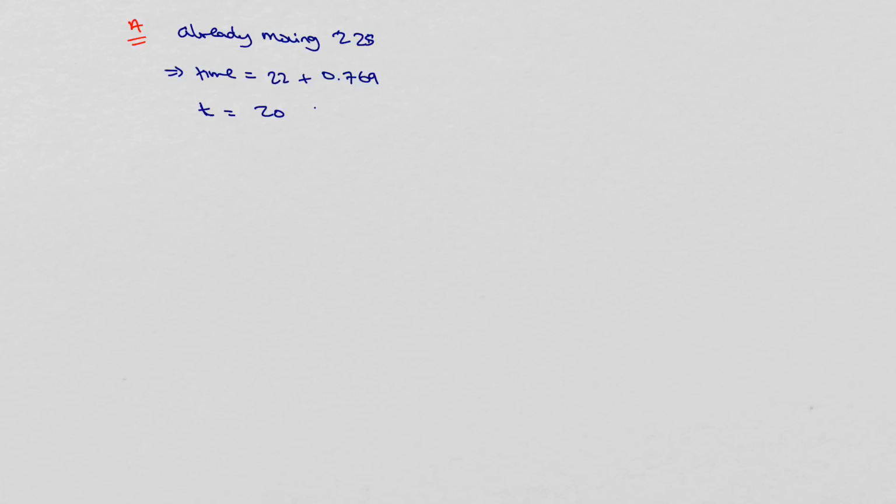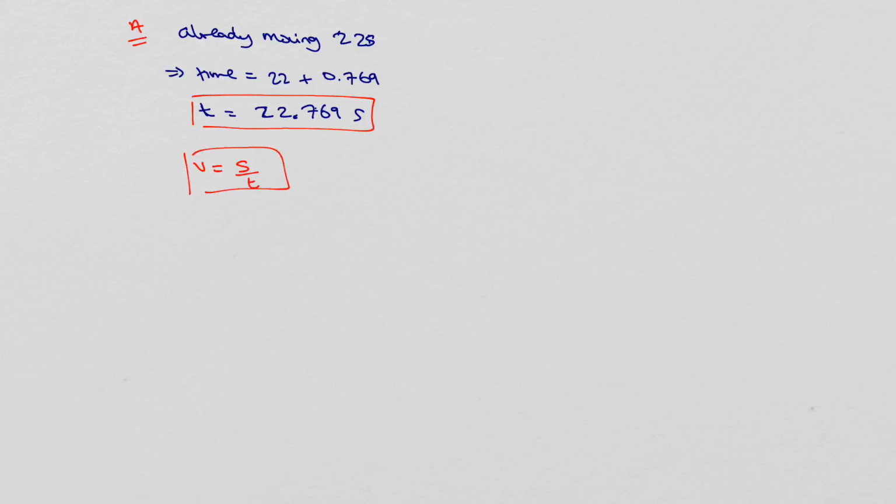So for A, if it's been moving 22.769 seconds and velocity is equal to distance over time, then our distance is going to be the velocity, which we said was 10 root 2 for A, times the time taken, 22.769, and therefore that means it's moved a distance of 322 metres when they are nearest each other.